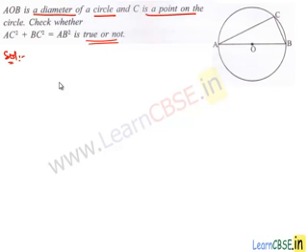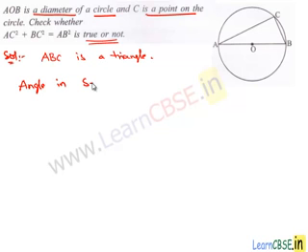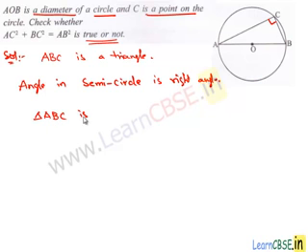Let's draw the figure. Here we have ABC as a triangle, and here AB is the diameter. So we know that the angle in a semicircle is a right angle. Therefore, angle C is a right angle. We say that triangle ABC is a right angle triangle.